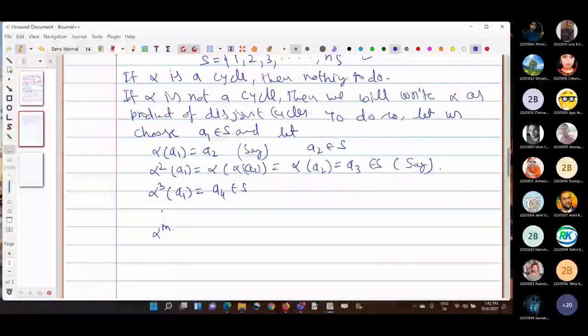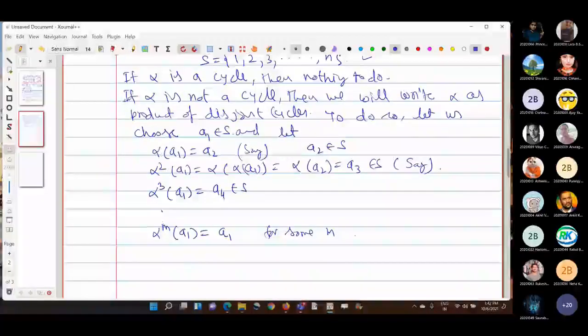Suppose we reach alpha to the m of A1, and then finally we fall back at A1. So after m compositions, we get A1 again, for some m.